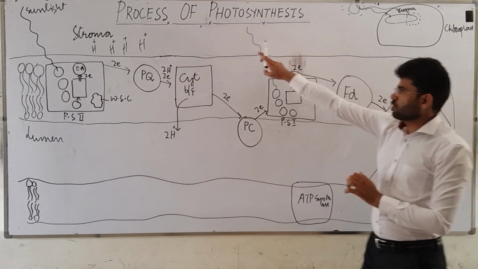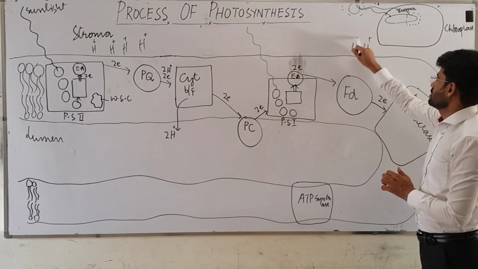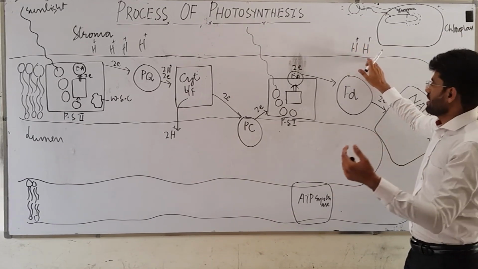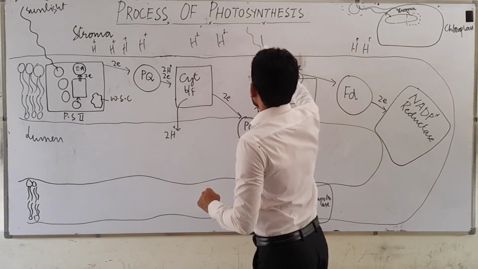And you know the stroma is continuous, so it also possesses H+ ions. It is not that H+ ions are present only in this area. H+ ions are present all over the stroma.